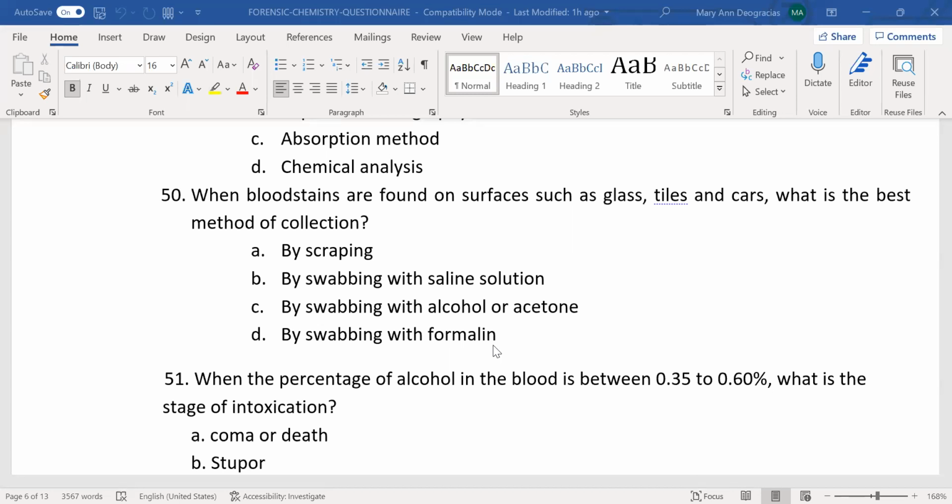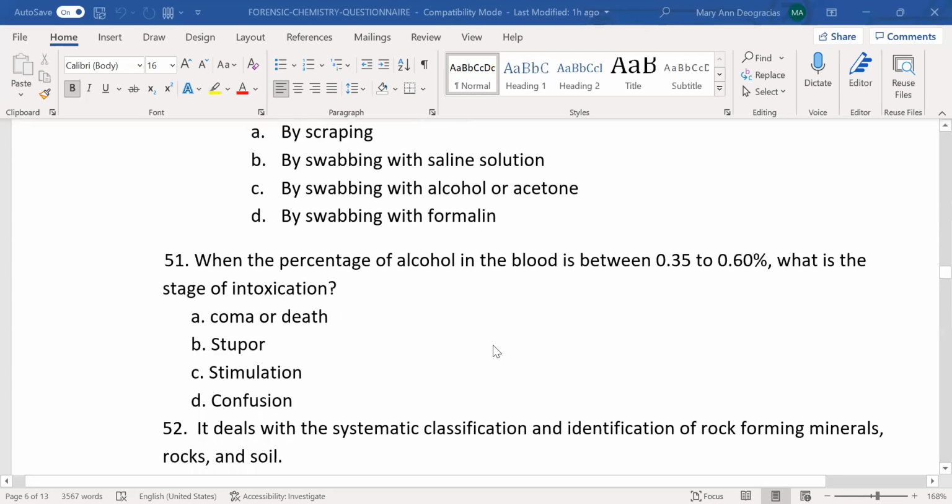51. When the percentage of alcohol in the blood is between 0.35 to 0.60%, what is the stage of intoxication? A, coma or death. B, stupor. C, stimulation. And D, confusion.